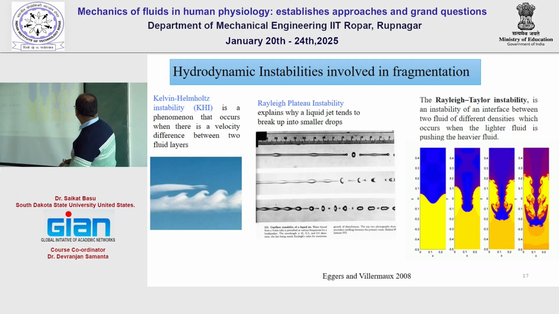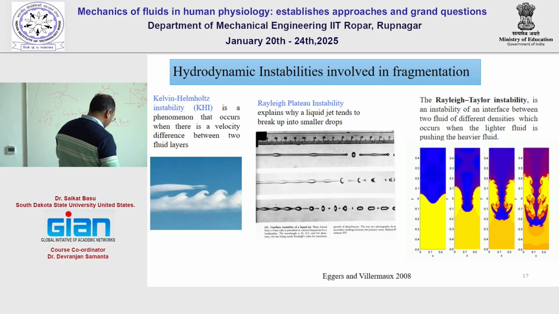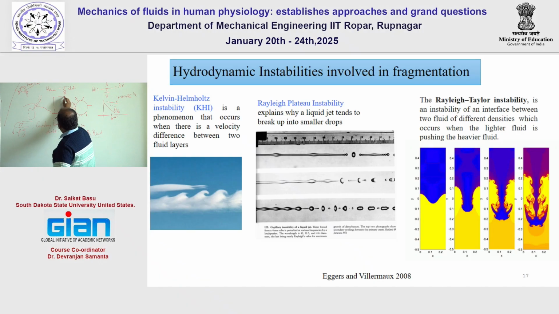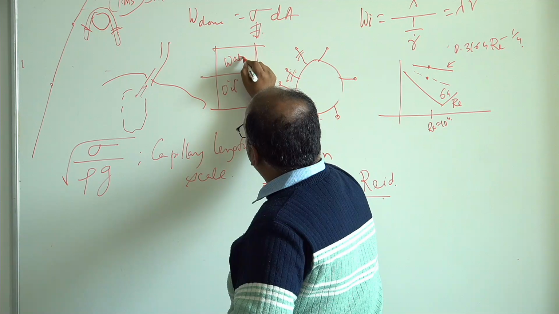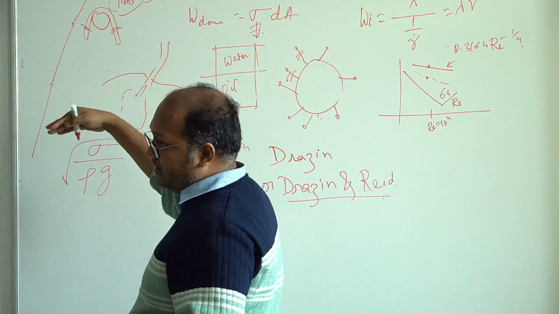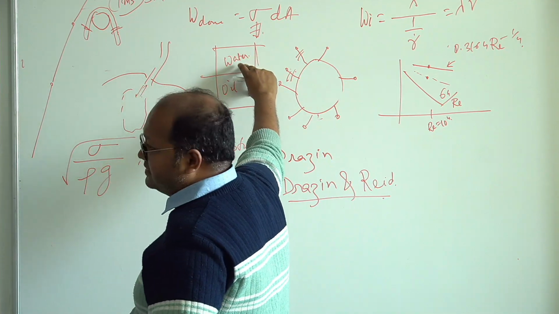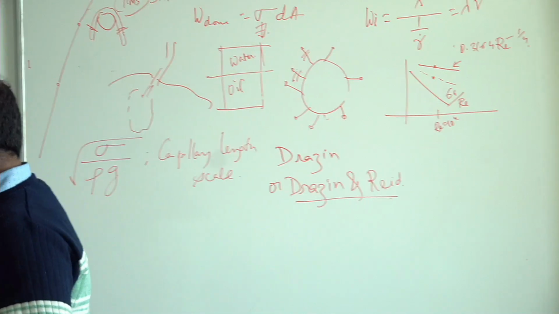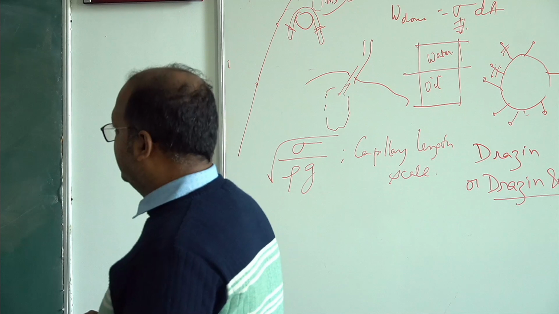So let's say initially we create a system where this is oil, this is water. The water is heavier than oil. So essentially, since it is an unstable system, the water will tend to push through the oil, right? So that creates this sort of instability.